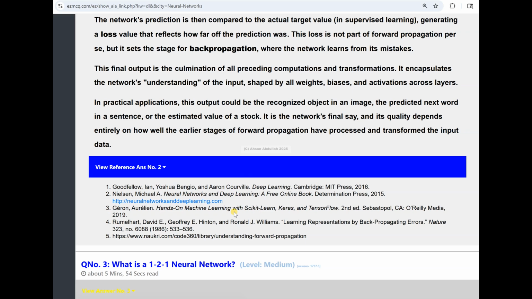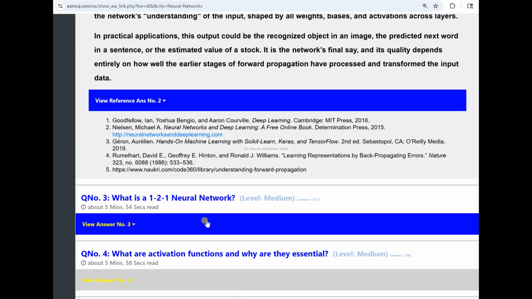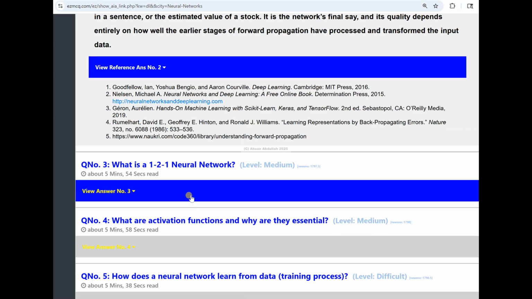So maybe this question should have come before the one we just discussed, because this is what a one-to-one neural network is. Basically, it is the simplest form of a feed-forward artificial neural network. It consists of one input neuron, two neurons in a single hidden layer, and one output neuron.